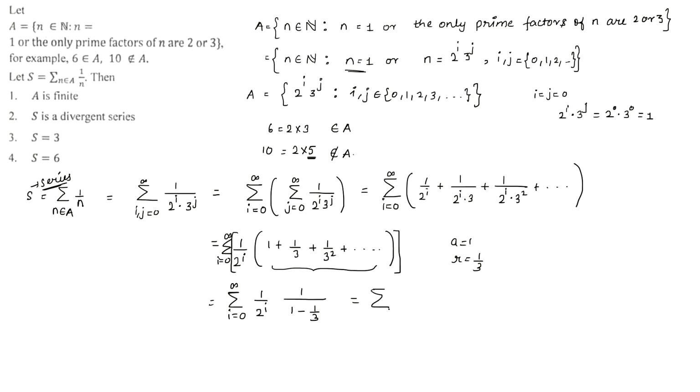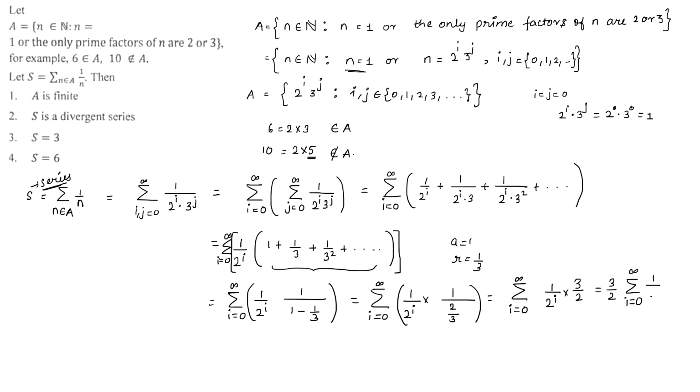So this is equal to the sum over i from 0 to infinity of 1 by 2 raised to i into 1 by 2 by 3, which is the sum over i of 1 by 2 raised to i into 3 by 2. Now 3 by 2 is constant, we can take it out. So this is 3 by 2 times the sum over i from 0 to infinity of 1 by 2 raised to i, which is 3 by 2 into 1 plus 1 by 2 plus 1 by 2 square plus so on.